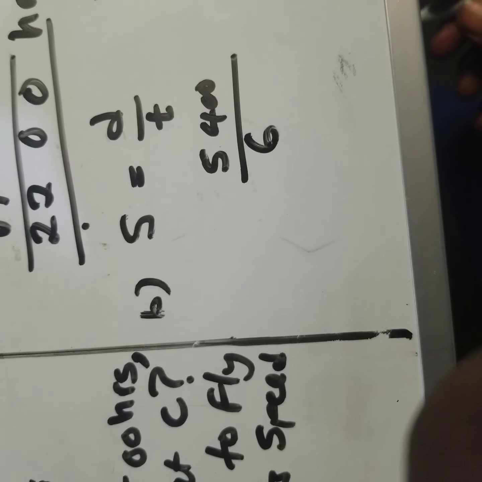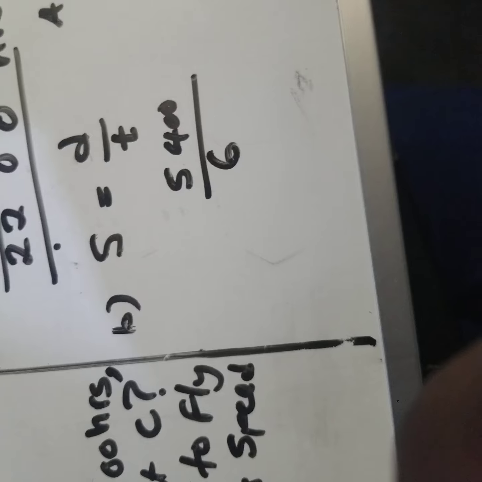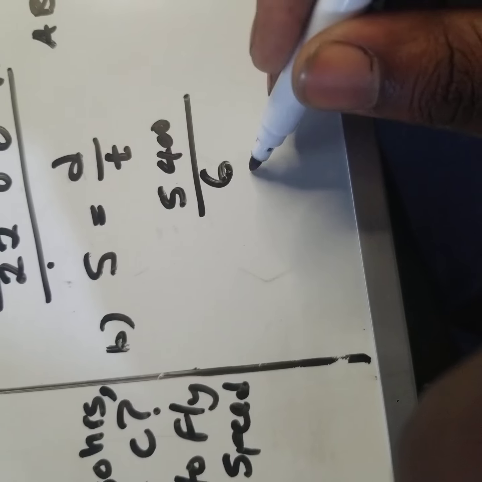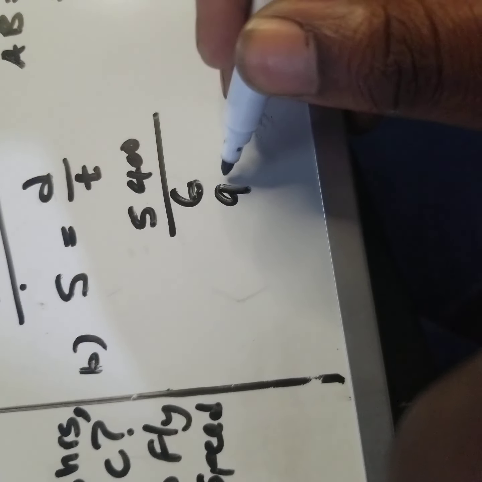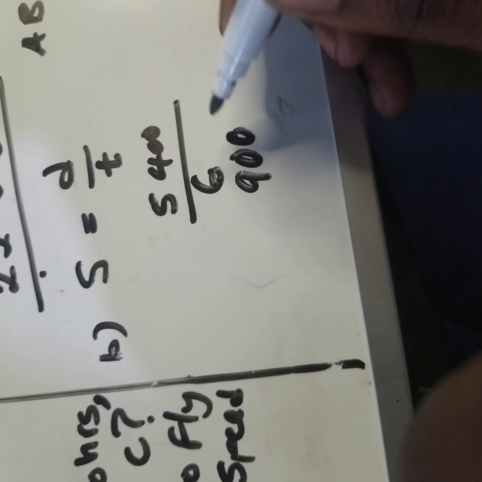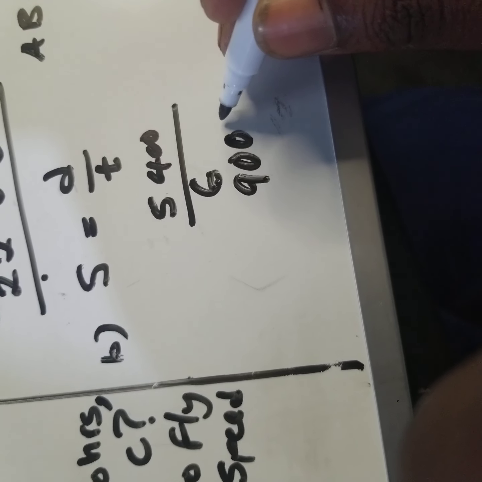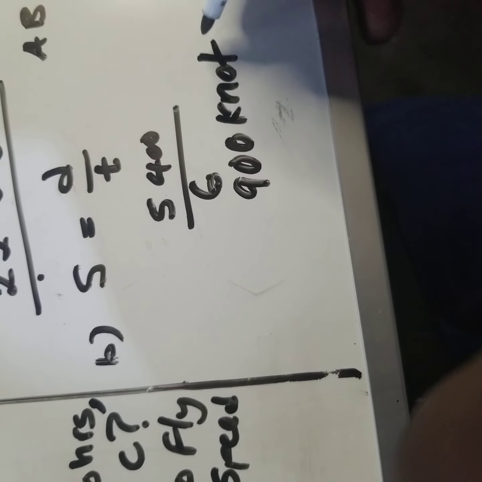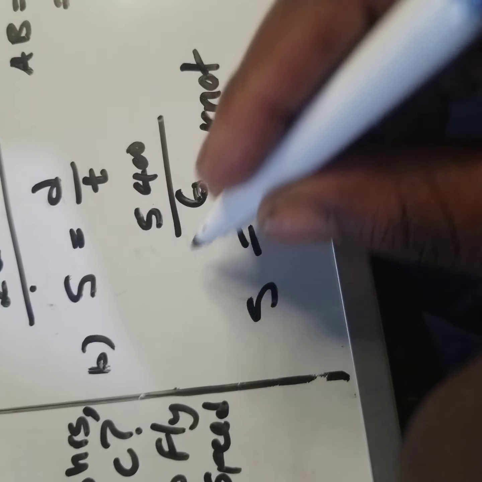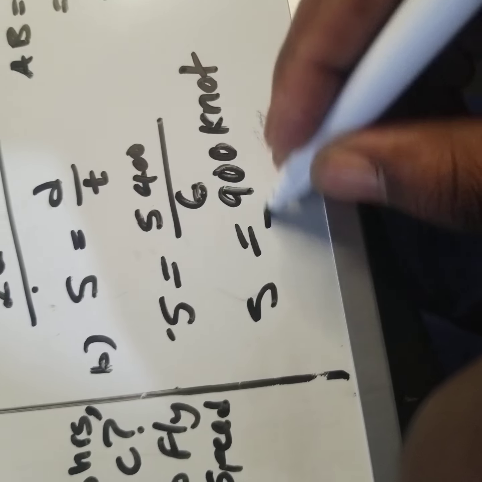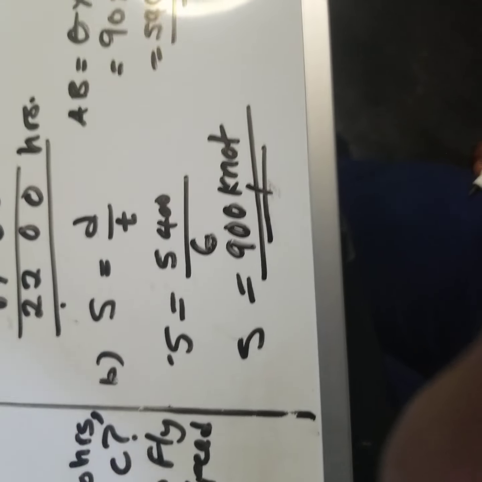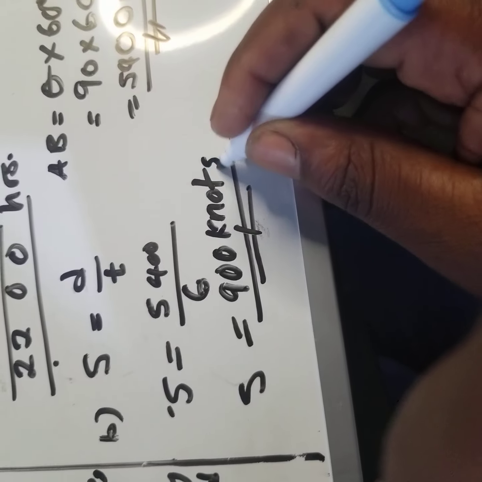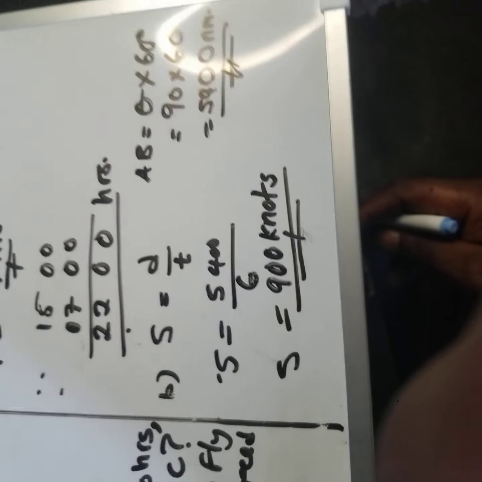Then you divide: 54 divided by 6 is 9. Then 0, 0. You write the units, which is knots. So the value for speed is equal to 900 knots.